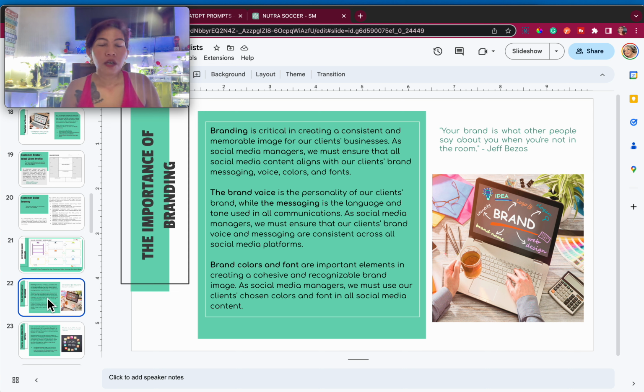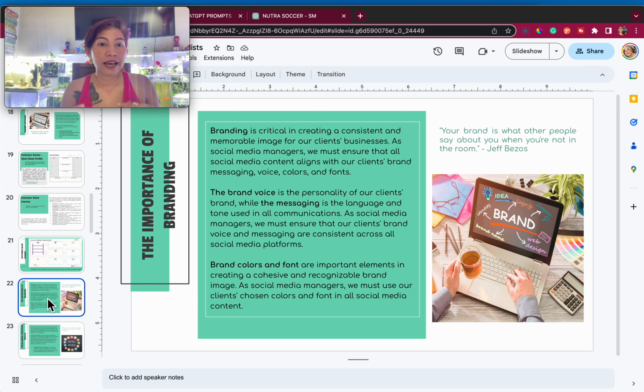But the whole point is that we want memory retention for the customers. When they keep seeing our post, if the brand color is blue, they keep seeing the blue color in our post. Next time they see blue, they think of our brand right away. Try to observe yourself when you go through your news feed.